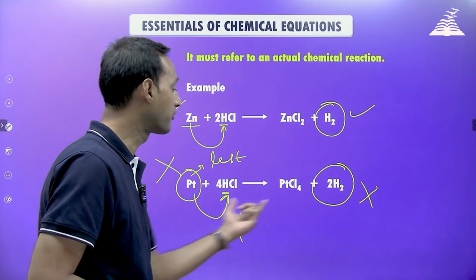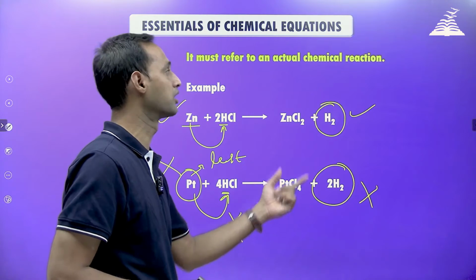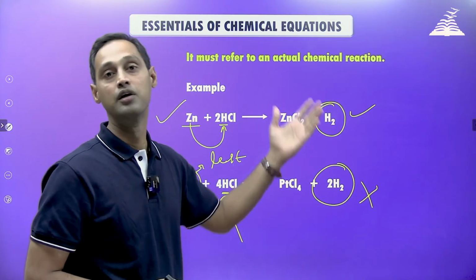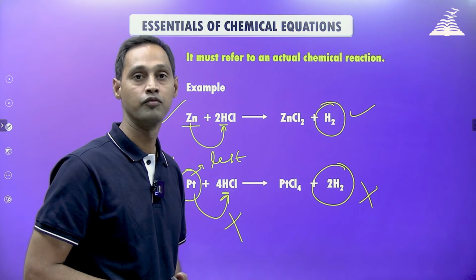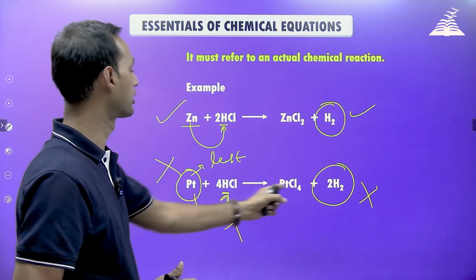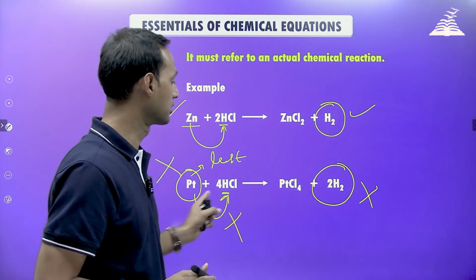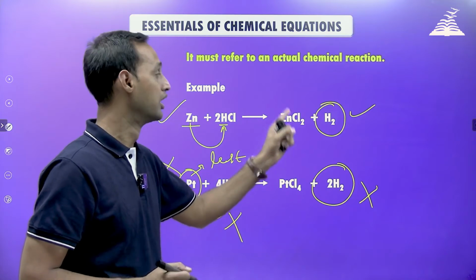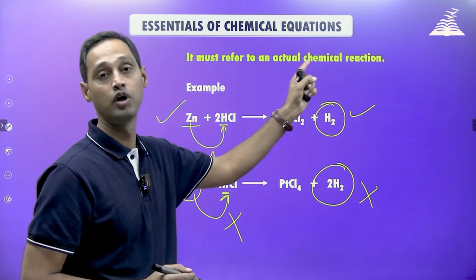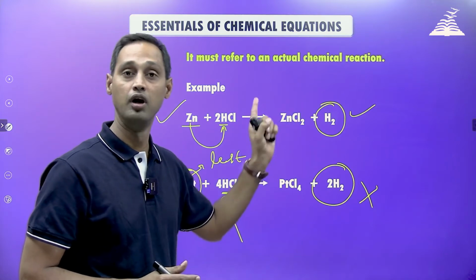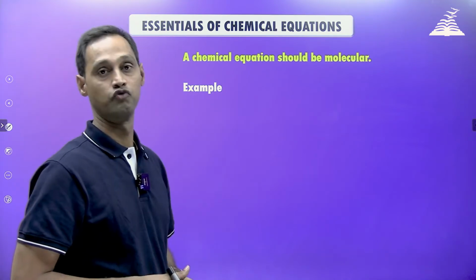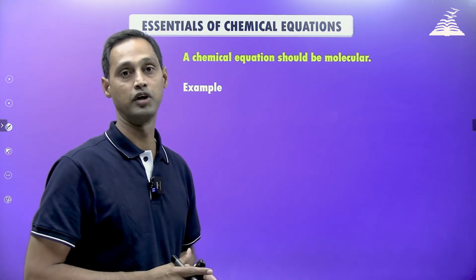This equation is not representing a true chemical reaction or true chemical change. So we don't consider it as a chemical equation, but this one is a chemical equation because it is representing a true chemical change or true chemical reaction.